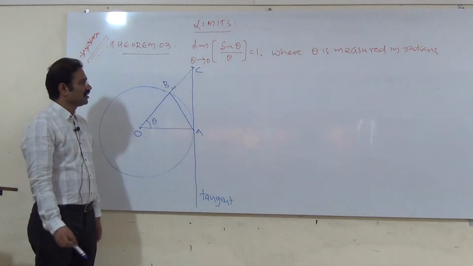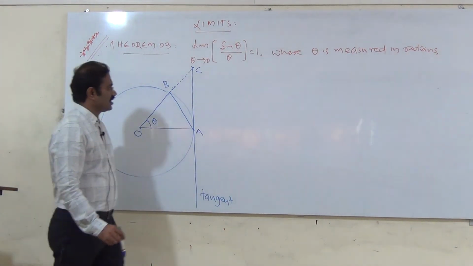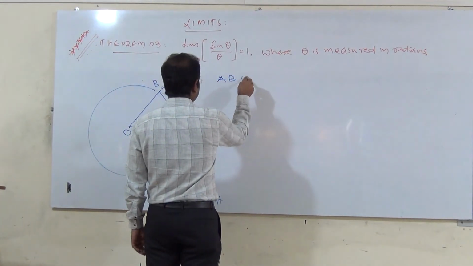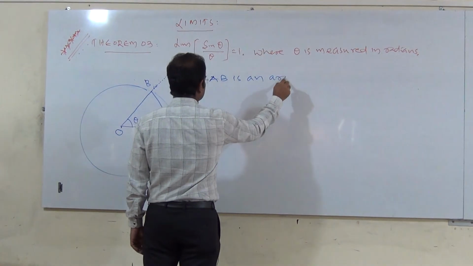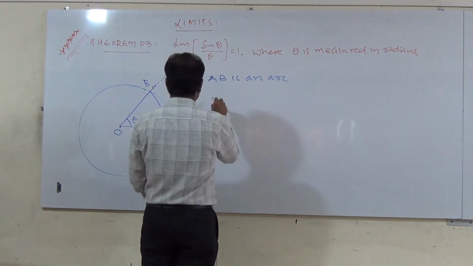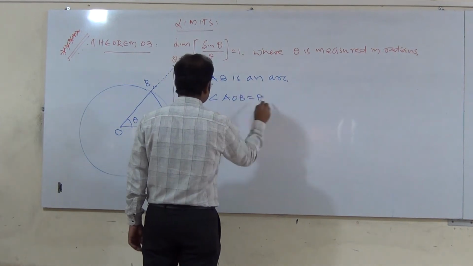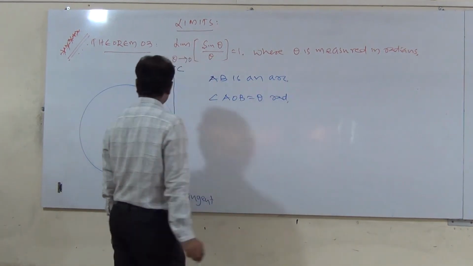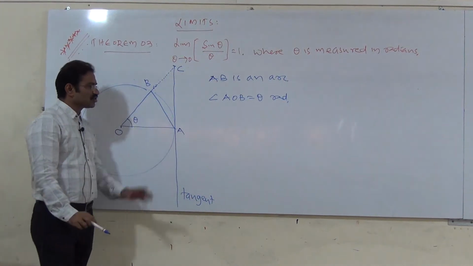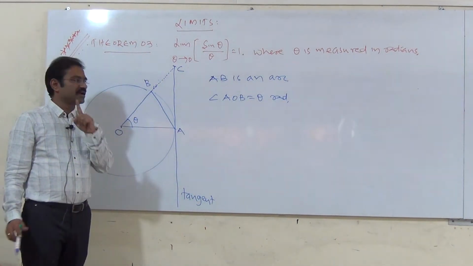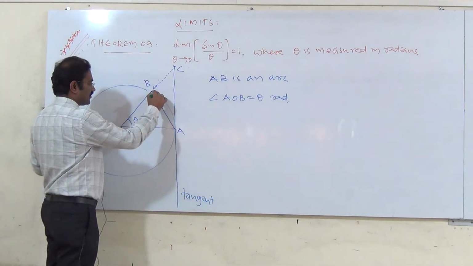Therefore AB is an arc. Angle AOB is equal to theta radians. Observe carefully this figure. There are two triangles and one arc. This is called an arc.